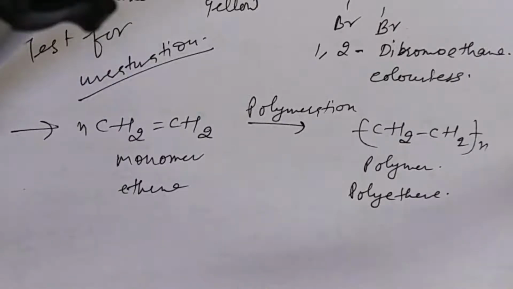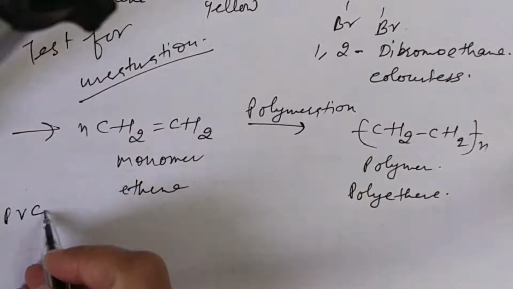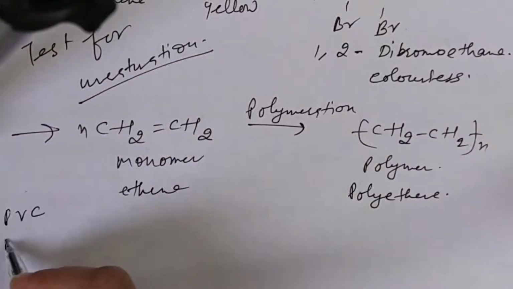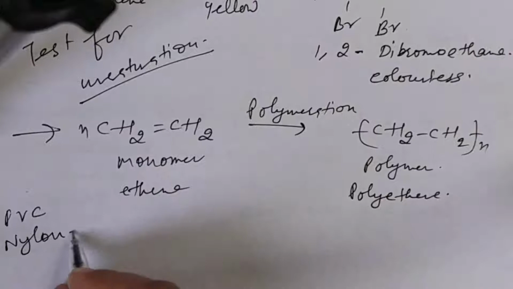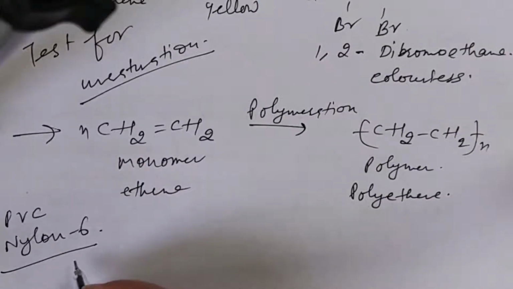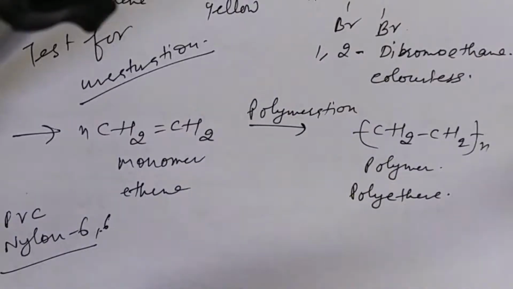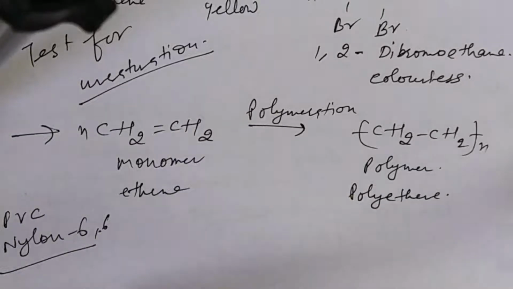You can get PVC polymers, styrene, nylon 6 polymers, which are condensation polymers in which water molecules are removed. Okay, so synthetic rubbers can be formed. By polymerization reactions, these monomers can be converted into long chain polymers.